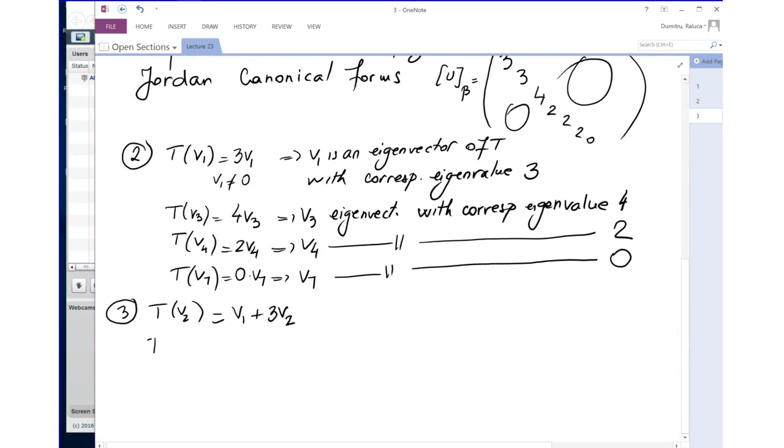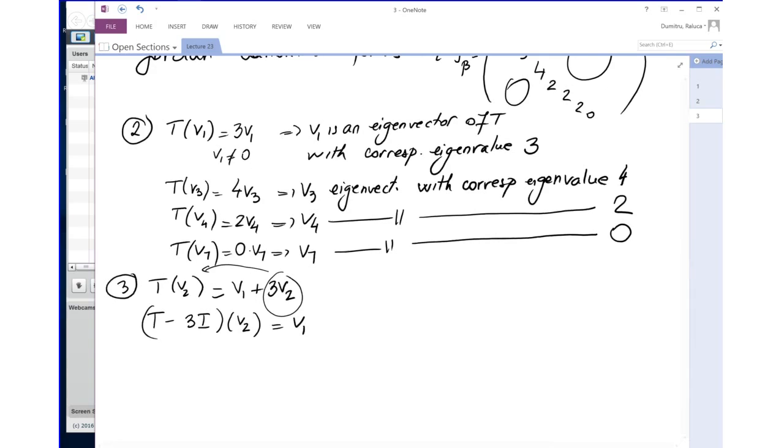Okay? But I can rewrite this like this. If you move this to the other side, so subtract 3v from both sides, the left side can be written as (T minus 3 identity) of v2 equals v1. And what I'm going to do is to apply another T minus 3 identity on top of both sides. Why would I do this?